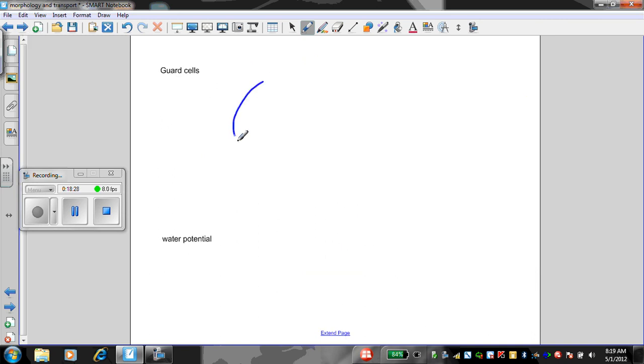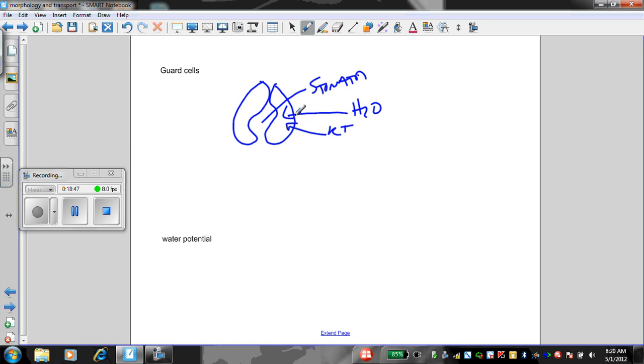Guard cells, you need to understand that guard cells are the cells that govern the opening of the stomata, and the way that they're regulated is through active transport of K+. So if potassium is pumped into the cell, water follows because of osmosis. So if water fills into these cells, the stomata opens.